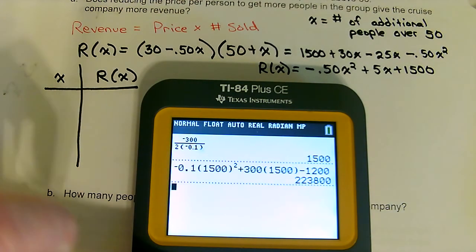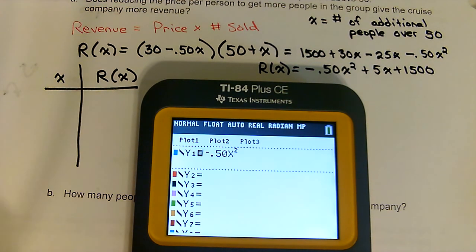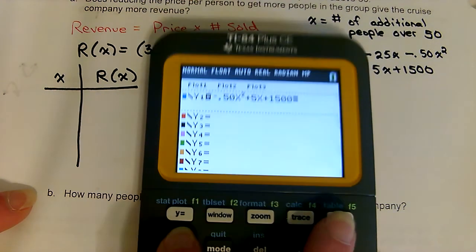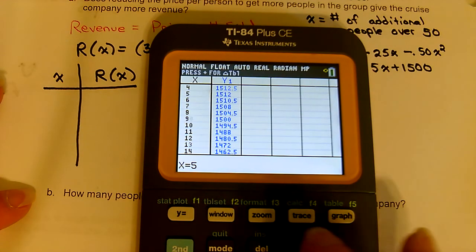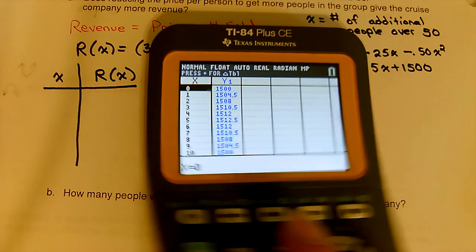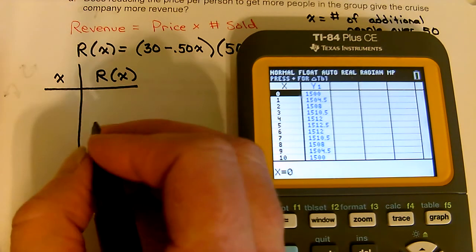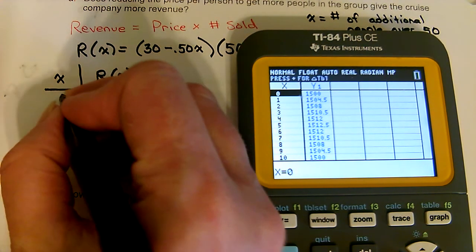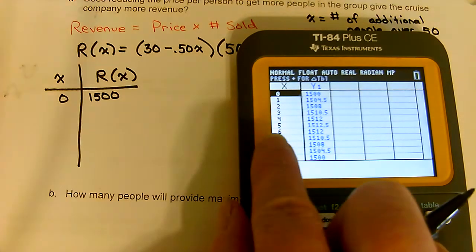You can also do this in Desmos if you prefer, to make a little table real quick. I'm going to go to the table, so second table.